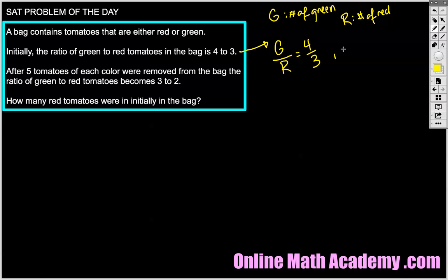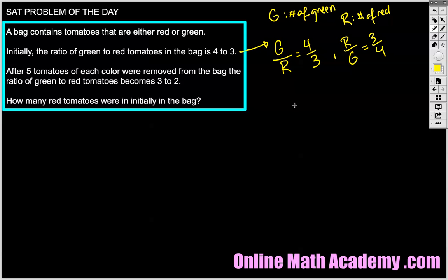Or I could say that R over G is equal to 3/4. Either one is okay. So when you think ratios, you're really thinking fractions. I'm going to leave that there for right now.